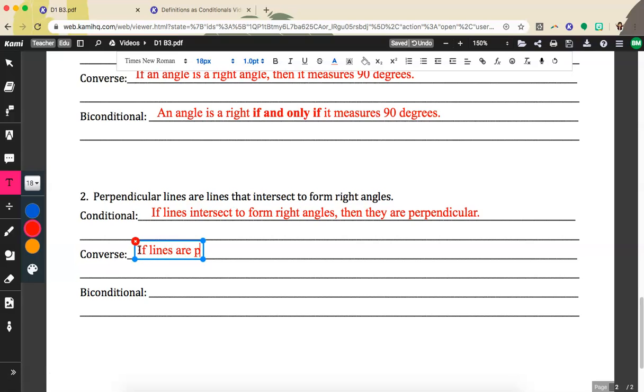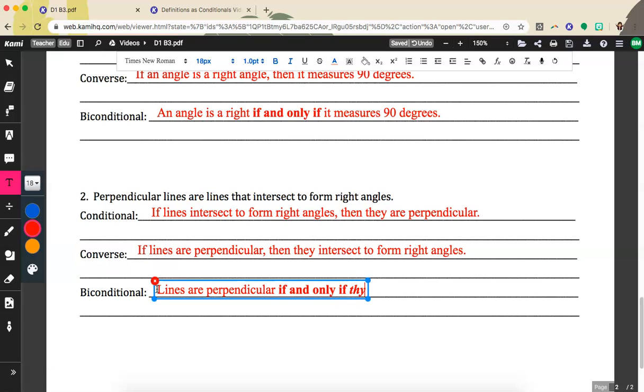If lines are perpendicular, then they intersect to form right angles. And then our biconditional puts them together. Lines are perpendicular if and only if they intersect to form right angles.